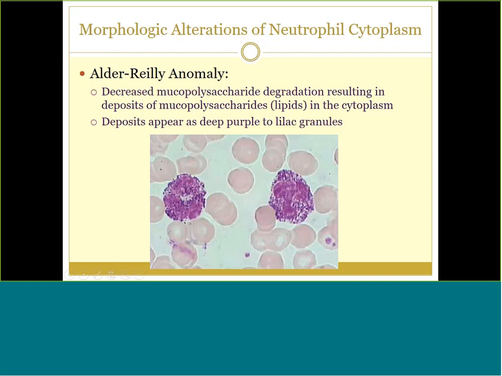And so all those really dark granules that you see here, those purple granules, that's the material that has been built up in that cell, because they're not breaking it down. So that is Alder-Reilly, an elevated amount of mucopolysaccharides, what we call mucopolysaccharidosis, and they look like heavily granulated cells here as a result.